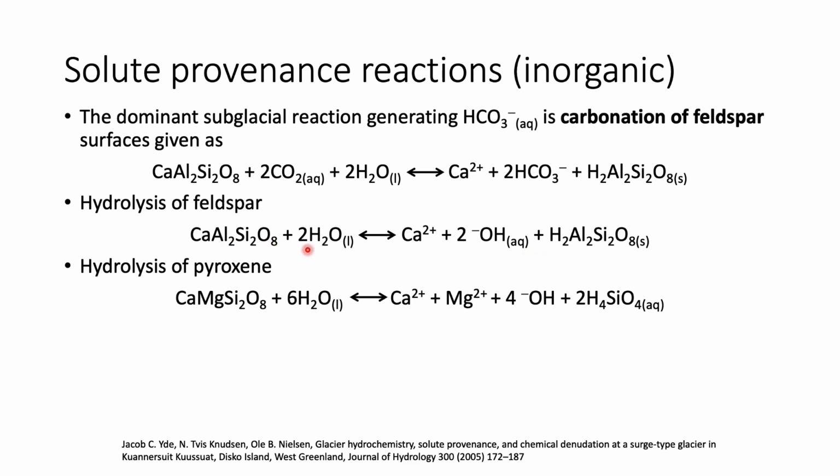Feldspar reacts with water, that is hydrolysis takes place, to produce Ca2+ ions, hydroxide anions and hydrosilicic acid. Then hydrolysis of pyroxene is also given here. Calcium magnesium silicate reacts with water to give Ca2+ ions, Mg2+ ions, hydroxide anions and hydrosilicic acid.